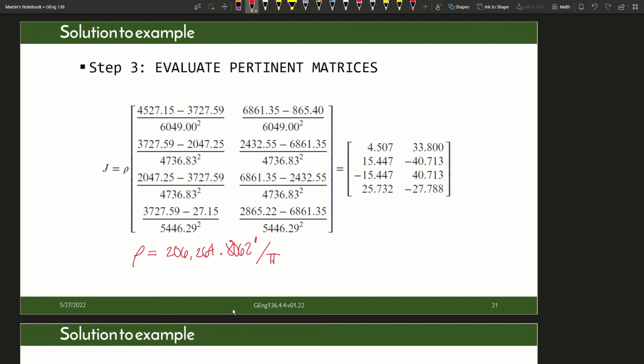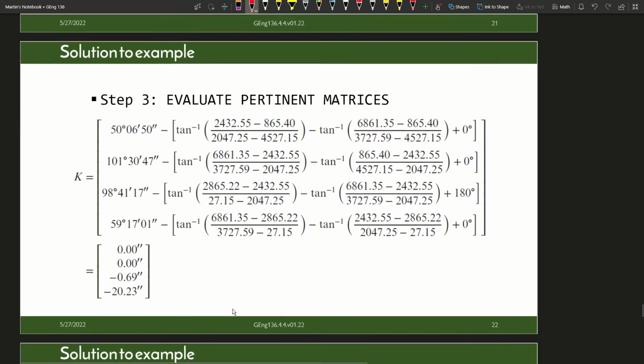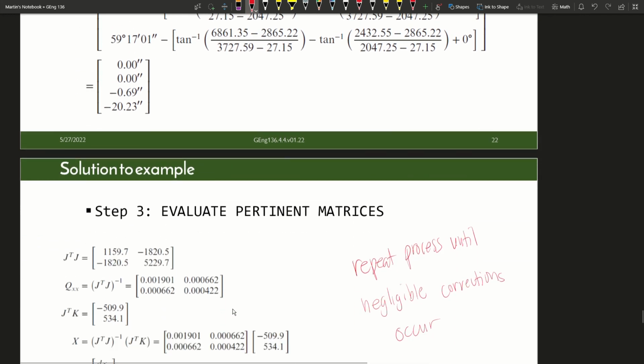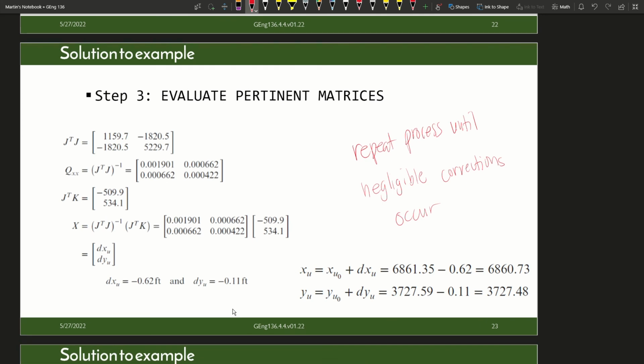Okay. Then for your K matrix, you have this one. Okay. Then after that, you perform the matrix solution. Then you have your first correction of your coordinates. Then you apply that correction to your first estimate or first approximation.